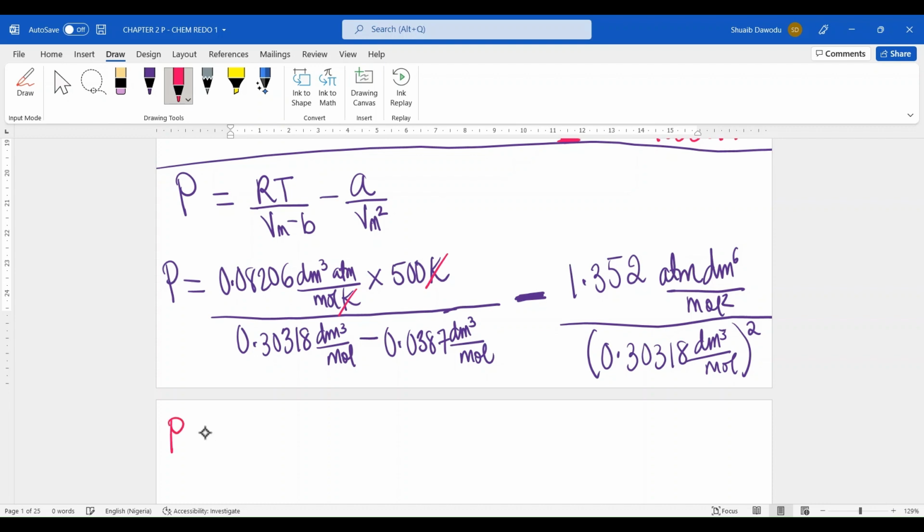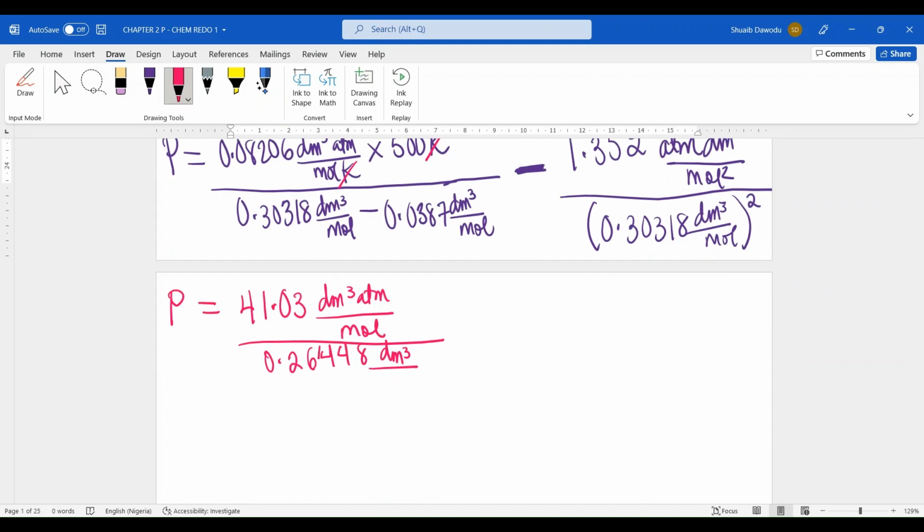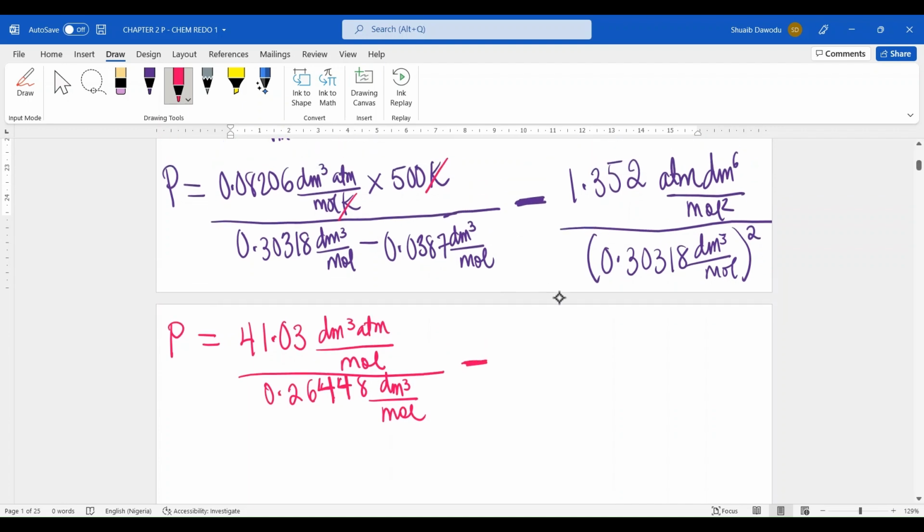We can now continue with our math. So 0.08206 times 500 is simply 41.03 decimeter cube atmosphere per mole, divided by 0.30318 minus 0.0387, which is just simply going to give you 0.26448 decimeter cube per mole, minus 1.352 atmosphere decimeter raised to the power 6 per mole squared divided by 0.30318 decimeter cube per mole all squared.